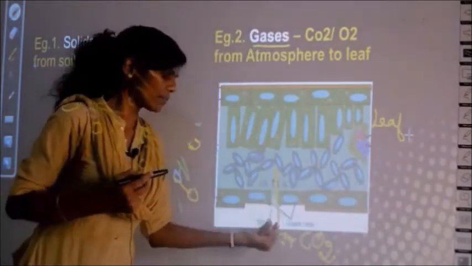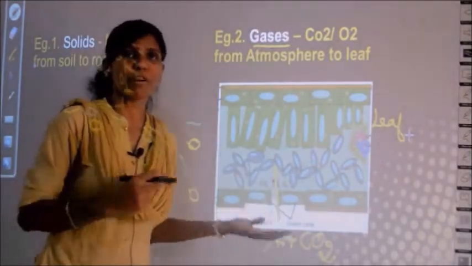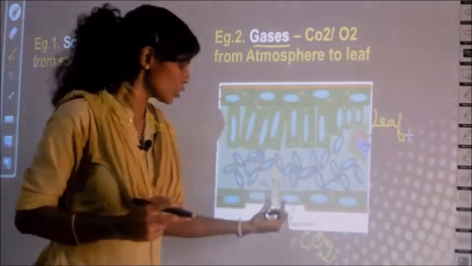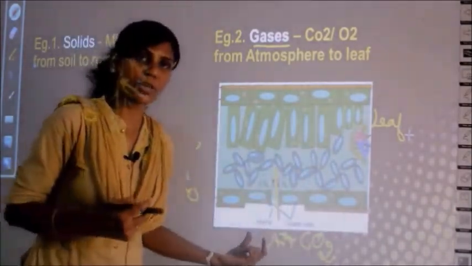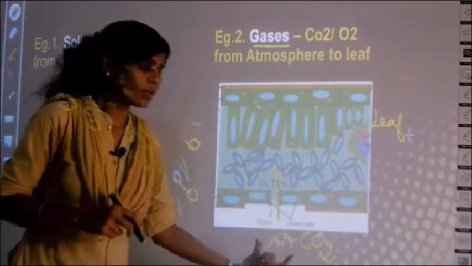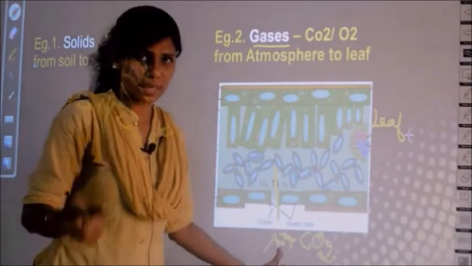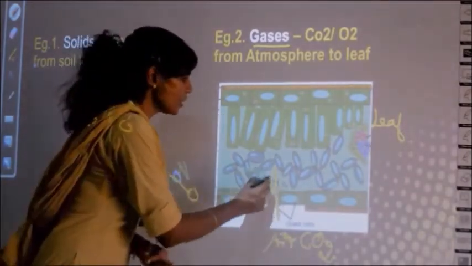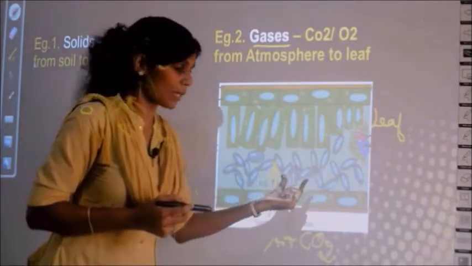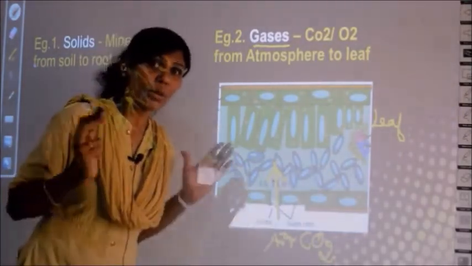So here you have stomata, which is the opening for exchange of gases between air and the leaf, and through the stomata, by the process of diffusion, the higher concentration of carbon dioxide which is in the air will go into the lower concentration. Here you have very little carbon dioxide, whereas here you have more carbon dioxide.